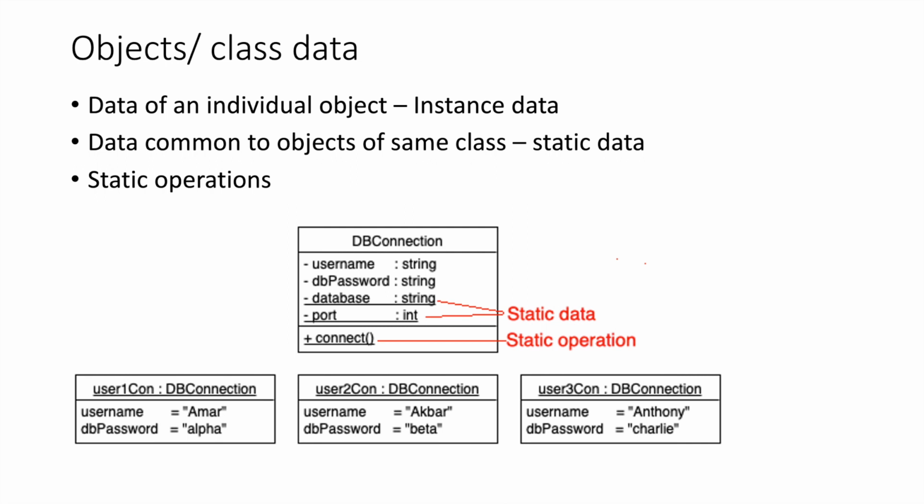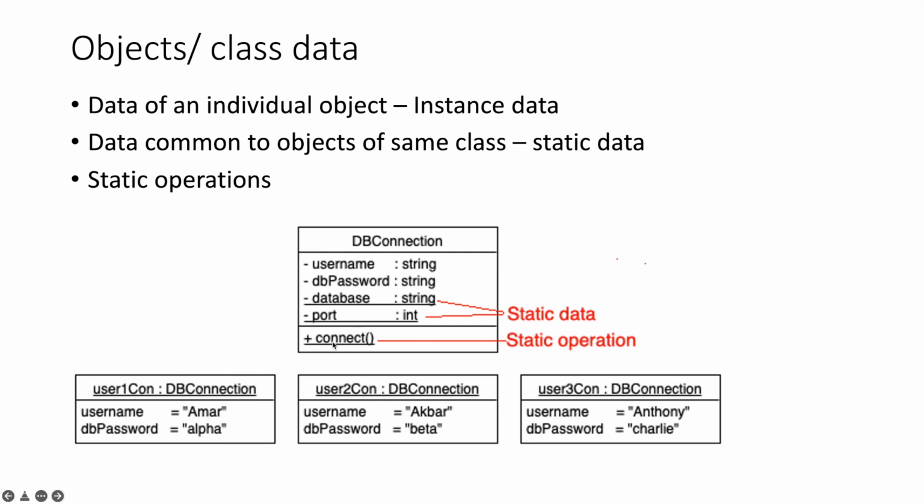So basically we need an object of a class to call an operation on that object. But sometimes it is not required to actually create an object of that class and call the operation on it, whereas the operation itself can be described as static.